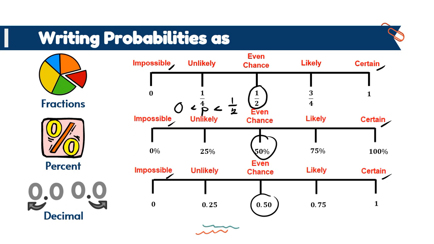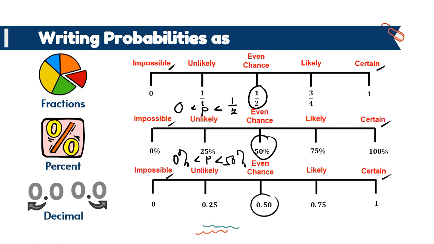Okay? So, we write it as probability, with fraction used: less than 1/2 and greater than 0. As for percent, the probability should be less than 50% but greater than 0%.